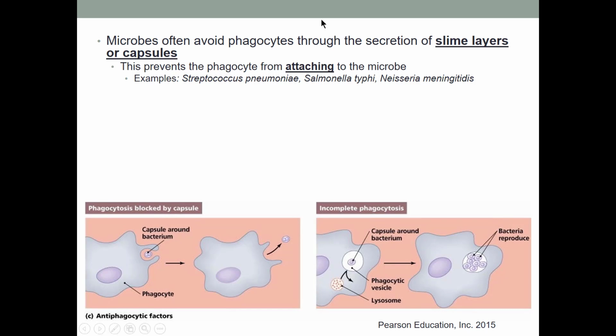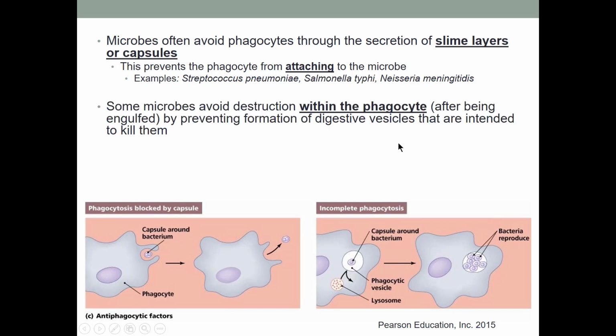When this happens, for slightly different reasons, the phagocyte has a hard time actually ingesting the microbe, and the microbe becomes resistant to that process. Some examples are mentioned here: one of the bacteria that cause common pneumonia, Streptococcus pneumoniae; Salmonella typhi, which causes typhoid fever; and Neisseria meningitidis, which is a cause of bacterial meningitis.